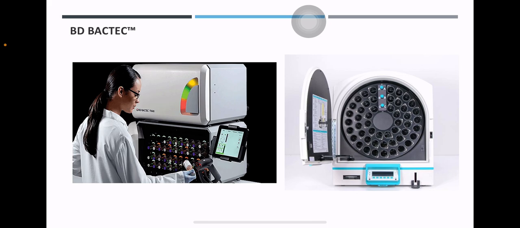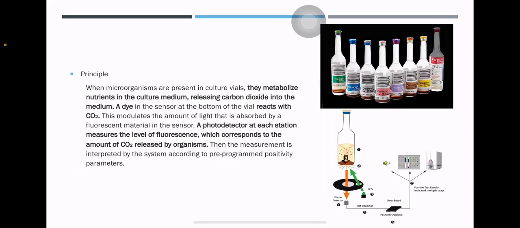The principle is similar to the BACT/ALERT. Again, to make the principle of the BD BACTEC easy to understand: the bacteria produce carbon dioxide, the carbon dioxide reacts with a dye, the dye becomes fluorescent, and the machine measures this fluorescence. It will then be flagged as a positive blood culture bottle.